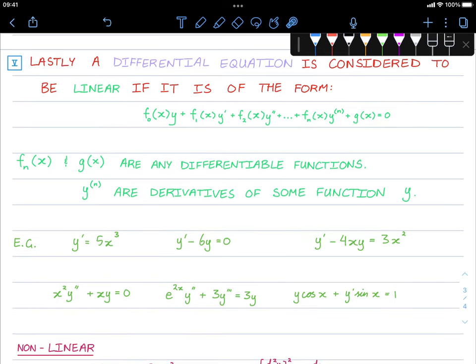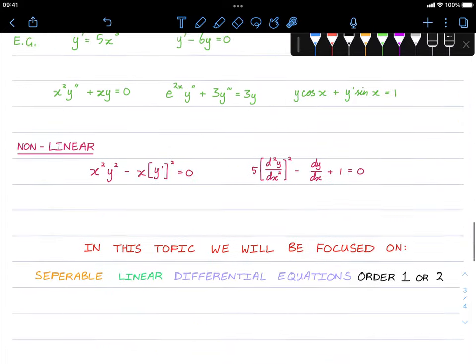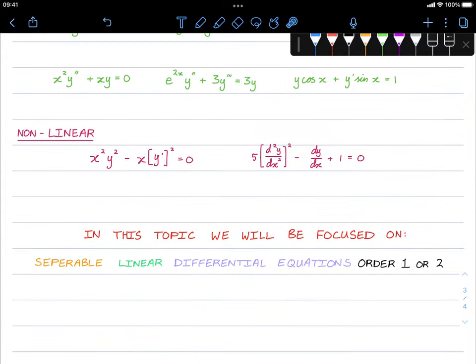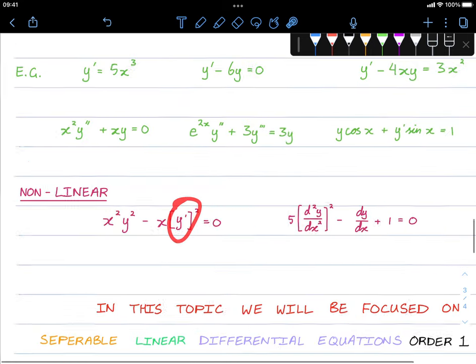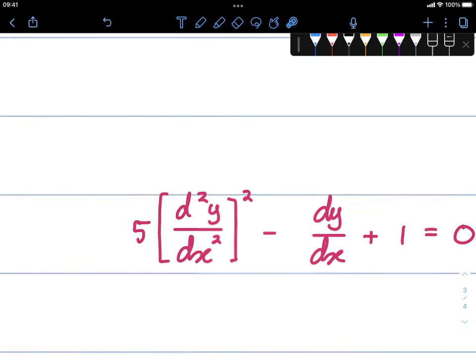Now, it may seem rather difficult to imagine, but a nonlinear differential equation is if you just take y prime and square it, like so. So that is a non-linear differential equation. Likewise here, we have the second derivative, and we square it or raise it to some power.